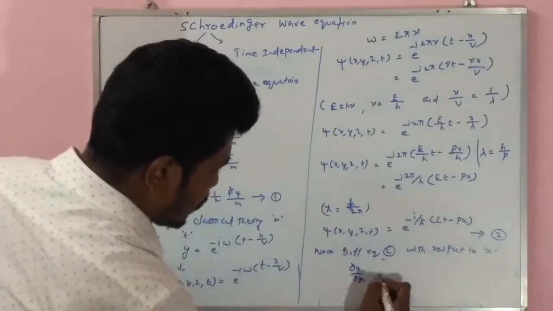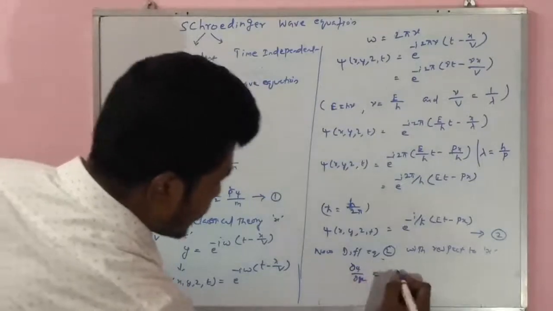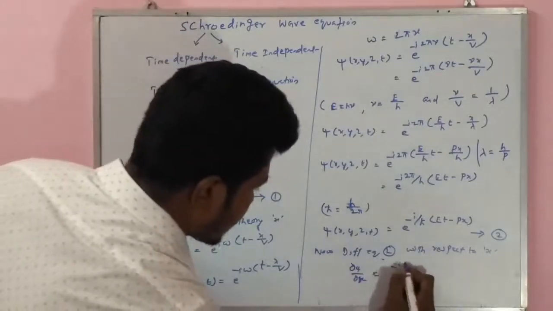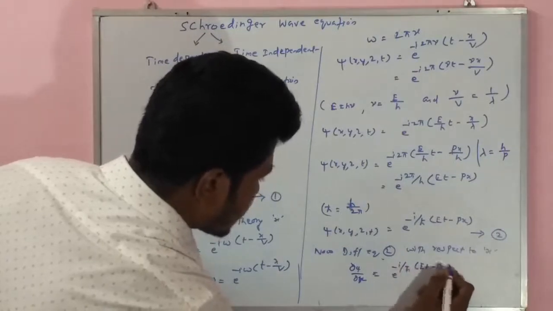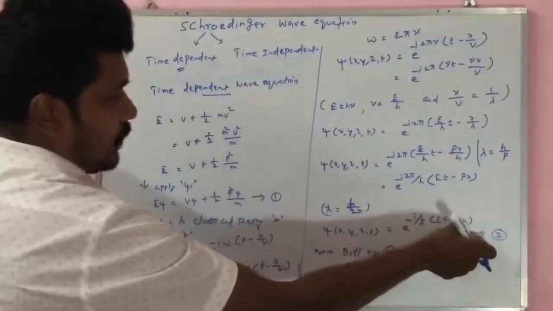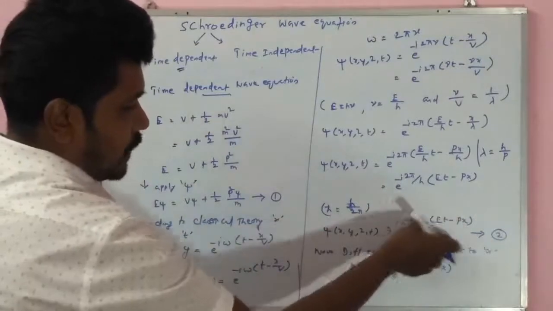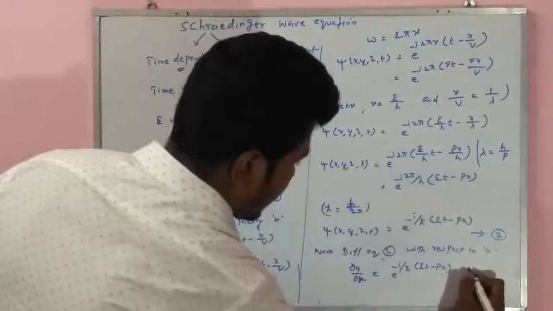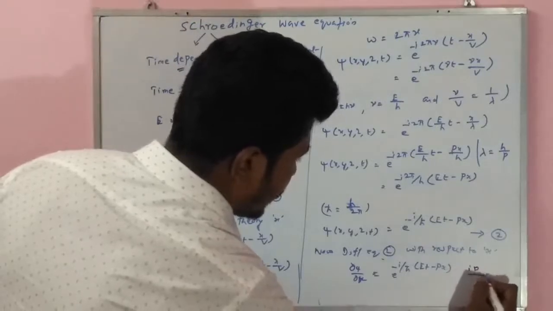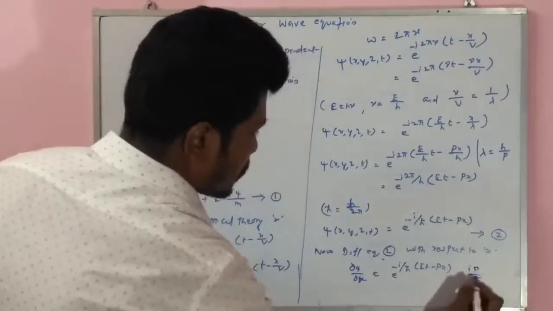Then differentiating with respect to x, dou psi by dou x is equal to e power minus i by h cross into Et minus px, times the derivative of the function, so minus minus becomes plus, i p divided by h cross.